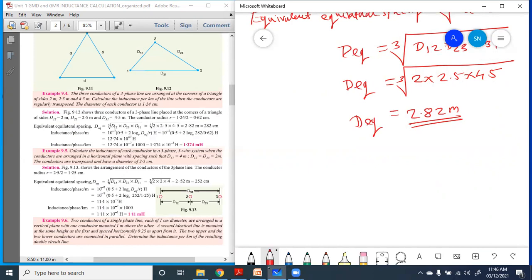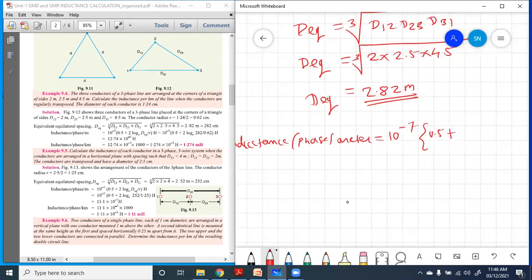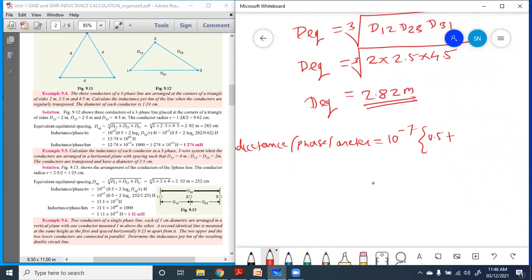So the inductance per phase per meter is equal to 10^-7 x (0.5 + 2 log e (D equivalent / r)).